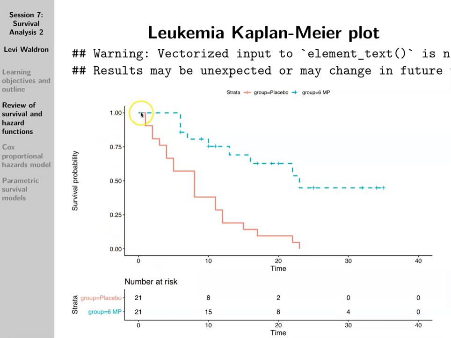And you see the survival starting at 100%, dropping quite quickly for the placebo group down to 0% survival at just over 20 weeks, at about 24 weeks or something here. Whereas in the treatment group, you see a higher survival probability, ending at about 50% towards the end of the study.